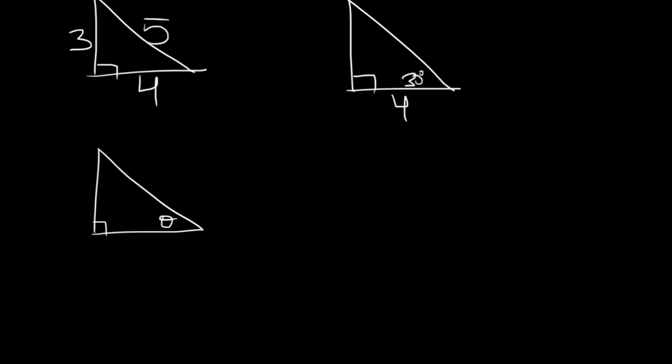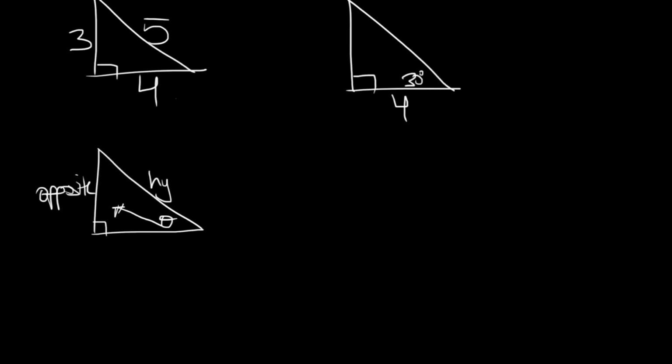So this side over here, the side that's actually opposite this angle, theta, is what we refer to as the opposite side. Very intuitive. And this side here, the side that's not the hypotenuse, so the hypotenuse, remember, is always the side that's opposite the right angle.